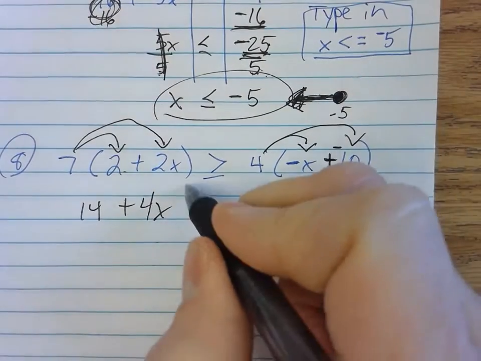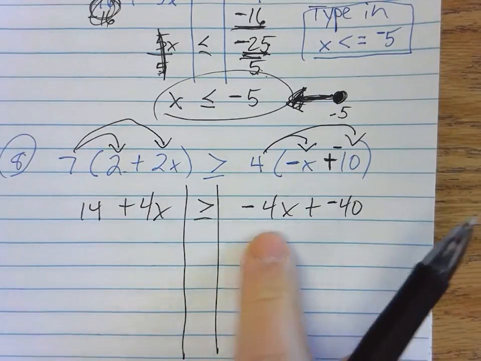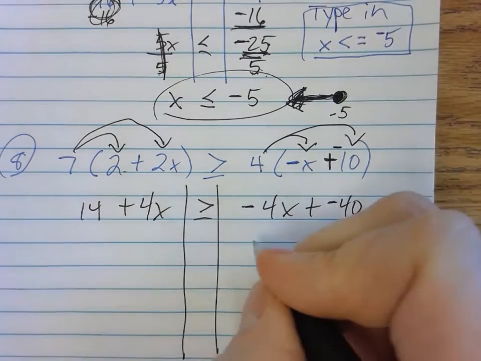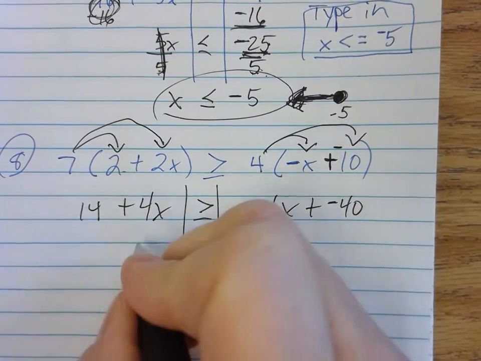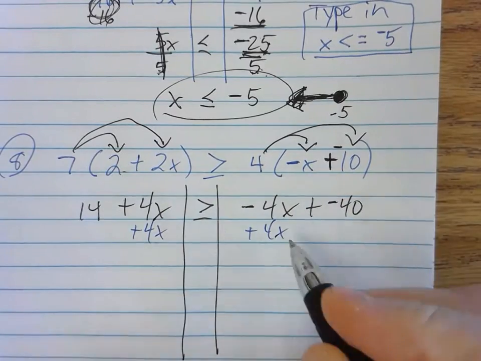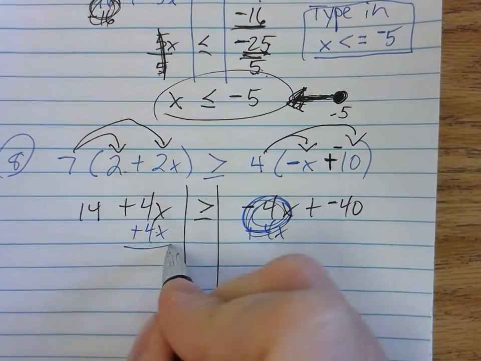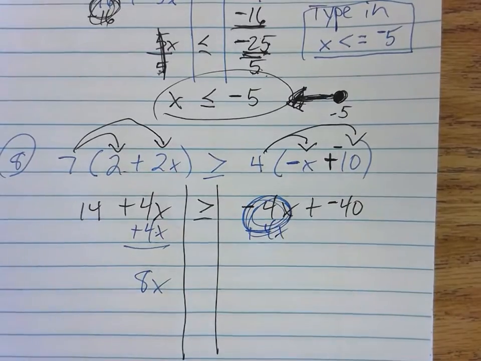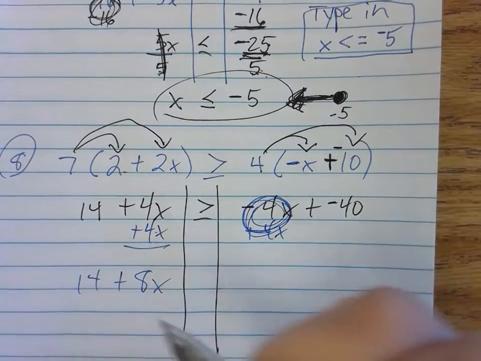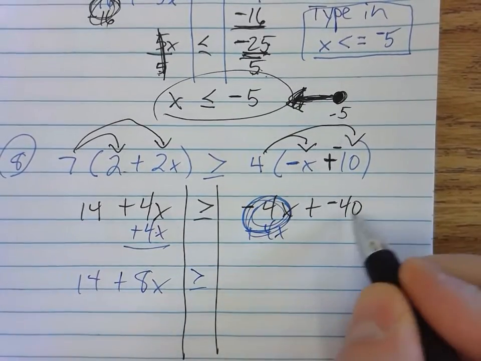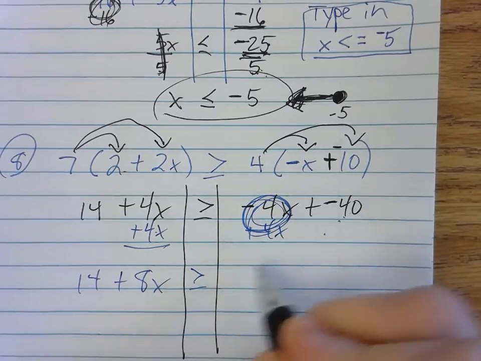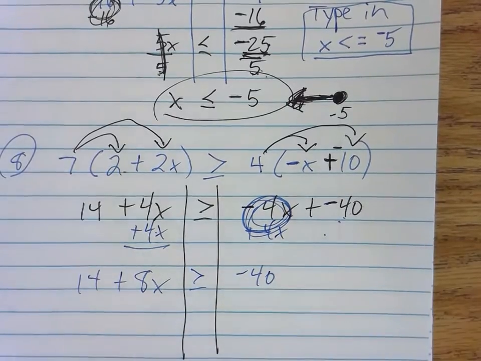All right, train tracks. I'm going to add 4x to both sides, so I add 4x to the right, which means I got to add 4x to the left. Of course, these 4x's right here make a 0 pair. 4 plus 4 is 8x. And I've got 14 plus 8x is greater than or equal to, again, make sure you bring the negative sign down with that. That's negative 40.